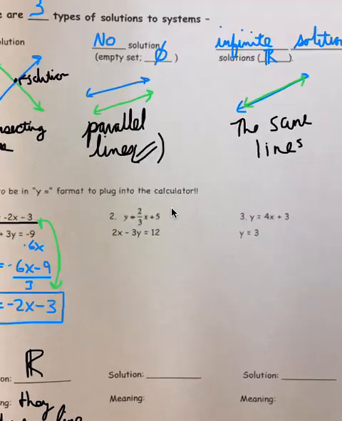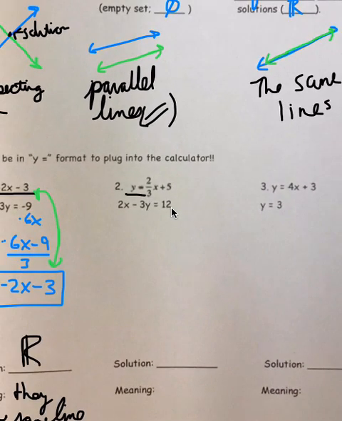All right, the next one. So our first, y equals 2/3 x plus 5, is fine. Now we need to set up our second equation. So we need to subtract our 2x. So we have negative 3y equals negative 2x plus 12.